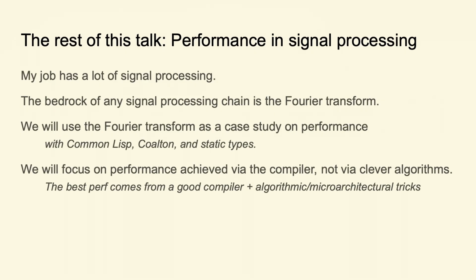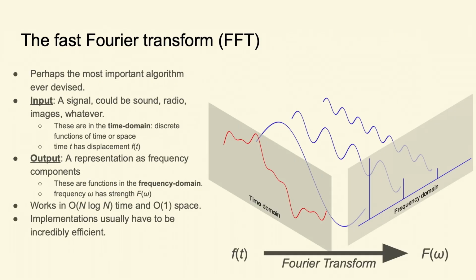So I'm not going to talk about the ins and outs of decimation in Fourier transforms or splitting by 4 instead of 2 or prime number sized Fourier transforms. I'm not going to talk about any of that. I just want to talk about how we can achieve performance through the tools of our language and compiler as opposed to algorithmic things. The best Fourier transforms out there are ones that have a lot of microarchitectural tricks, algorithmic tricks, and of course a good compiler.